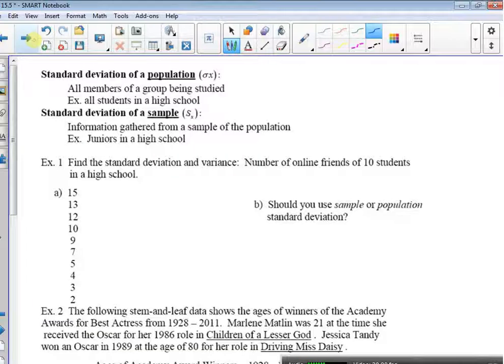The standard deviation of a population is again explained versus the standard deviation of a sample. So find the standard deviation and variance of the number of online friends of 10 students in a high school. Again, we can just enter that into the calculator, and I would think that this would best be represented by a sample. So you would be using the Sx from the calculator, which becomes 4.4969.